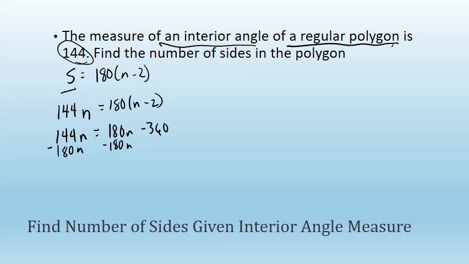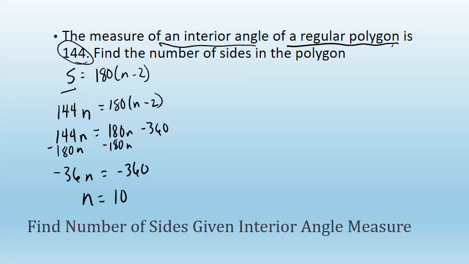And then I would have negative 36n equals negative 360. Now I would just simply divide negative 360 by negative 36, and the number of sides of this polygon, which has one interior angle of 144, is 10 sides.